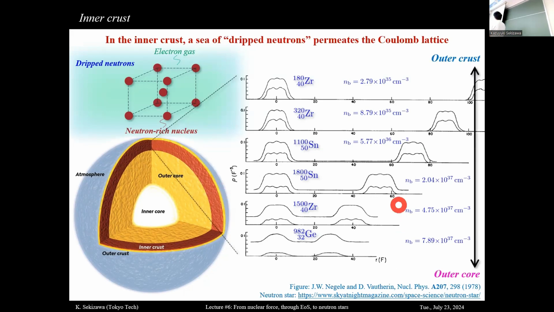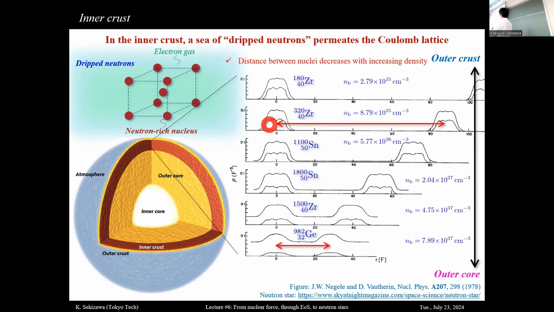This upper part is the low density region close to the outer crust, and the lower part is close to the transition from the inner crust to the outer core. As you can see, the spacing between two nuclei, or the lattice constant, the distance between neighboring nuclei, is decreasing with increasing density, as you may imagine.